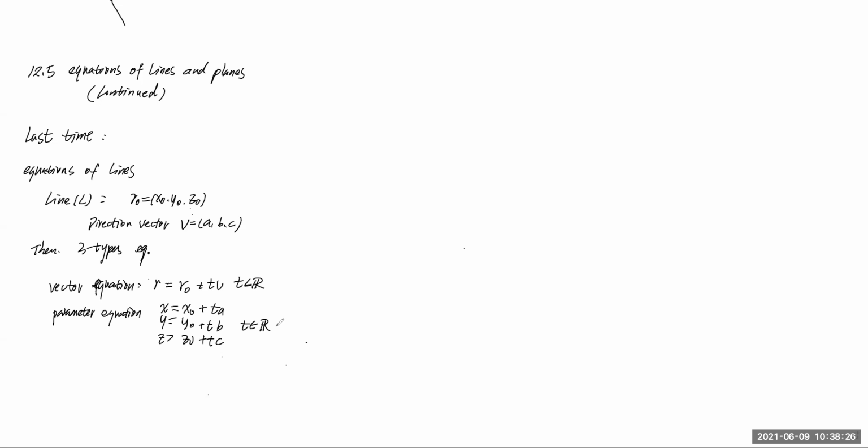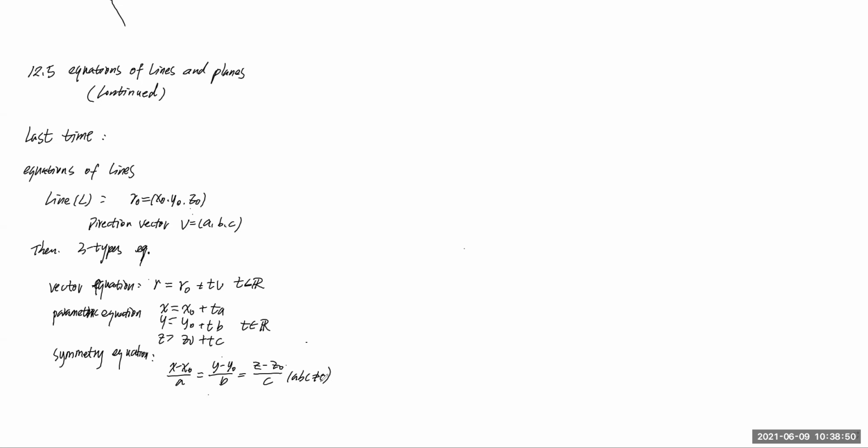Or parametric equation. And the final one is the symmetric equation, which is x minus x naught over a equals y minus y naught over b equals z minus z naught over c. Here a, b, c are not zero.